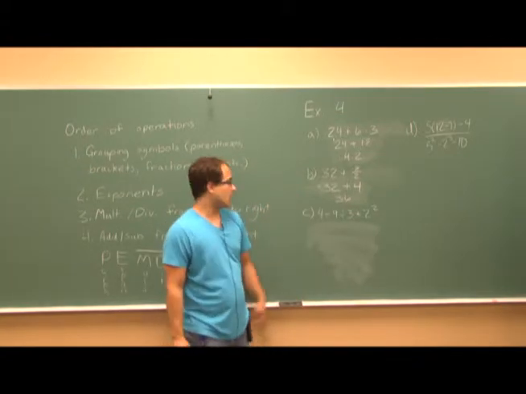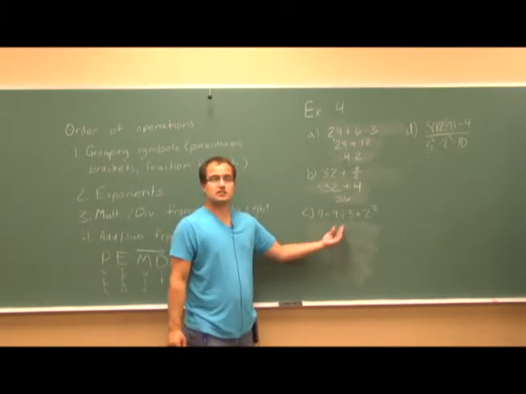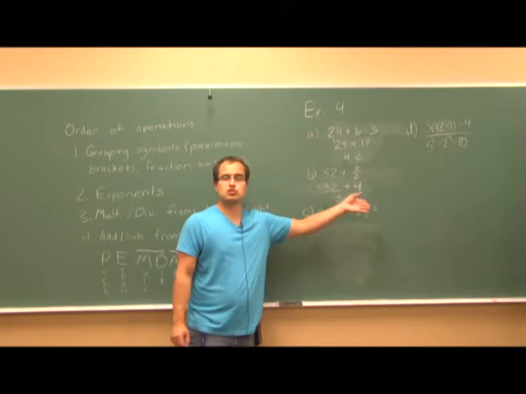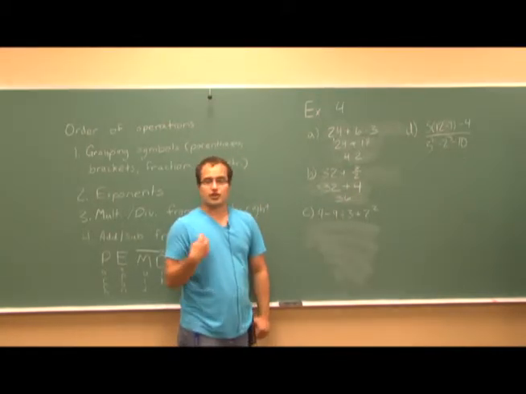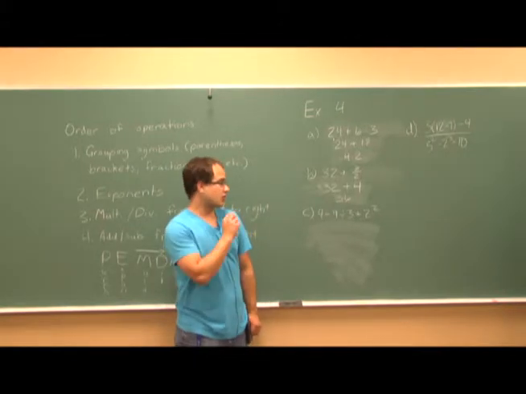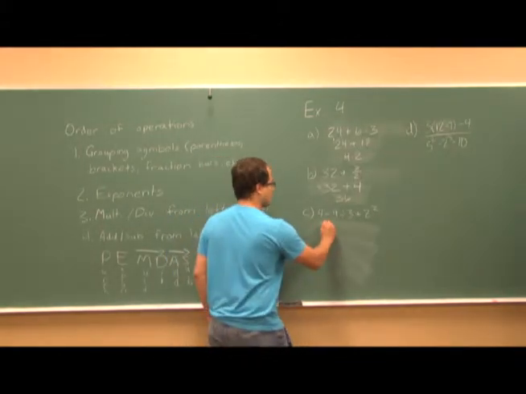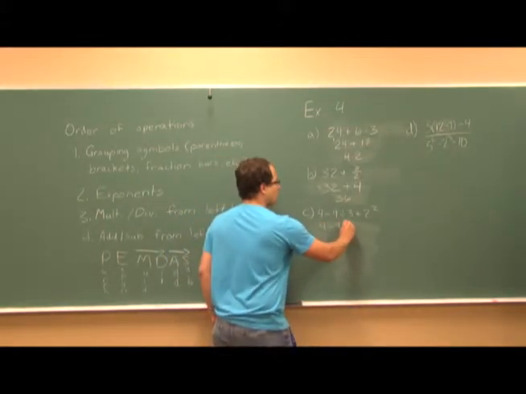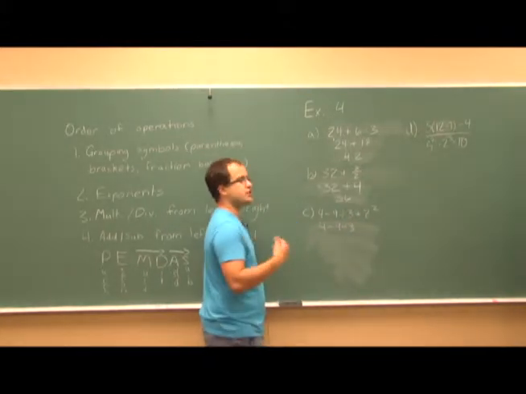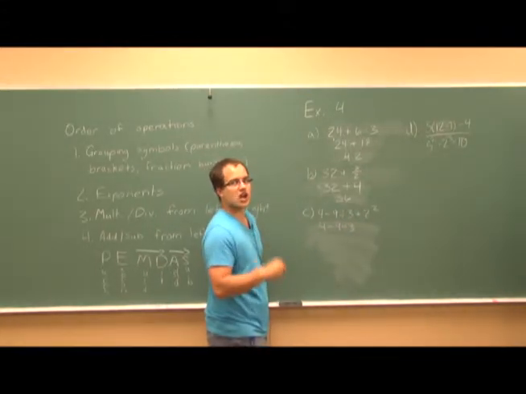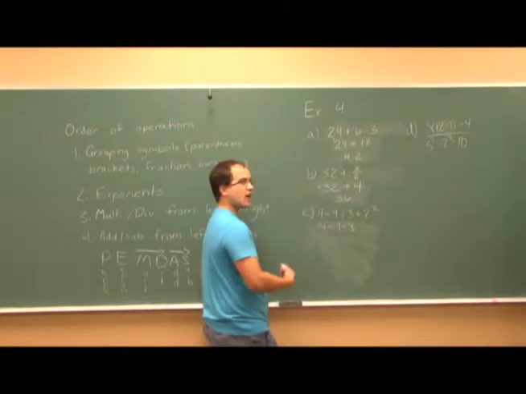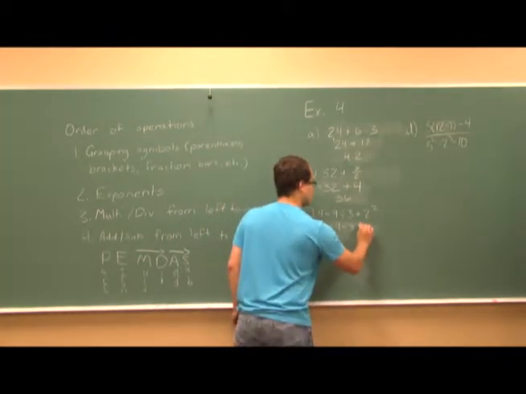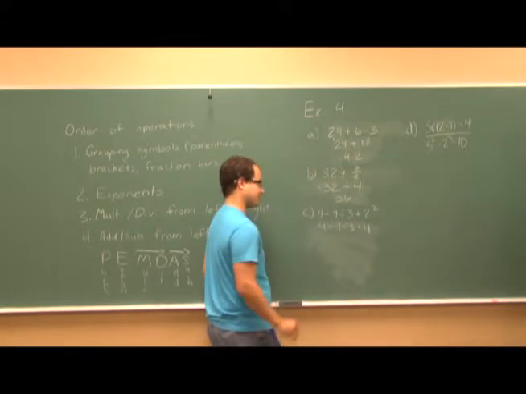Now C. 4 minus 9 divided by 3 plus 2 to the second power. Now, there aren't any grouping symbols. There is an exponent, so I do have to do that first. Now, when you are doing these problems, I recommend rewriting everything and just changing what you did. So 2 to the second power is 2 times 2, which is 4.